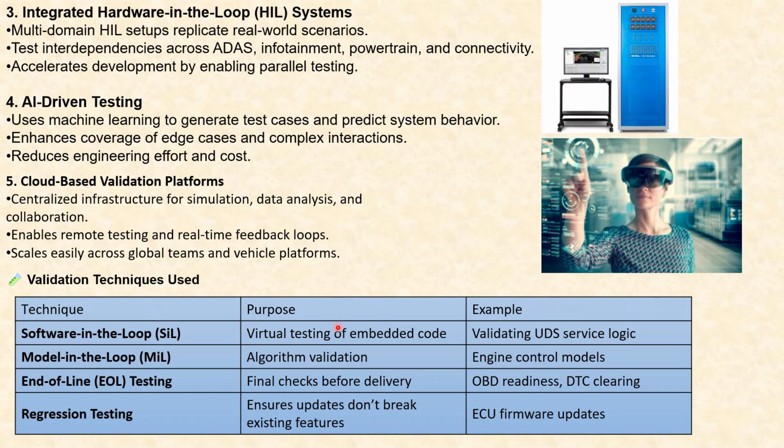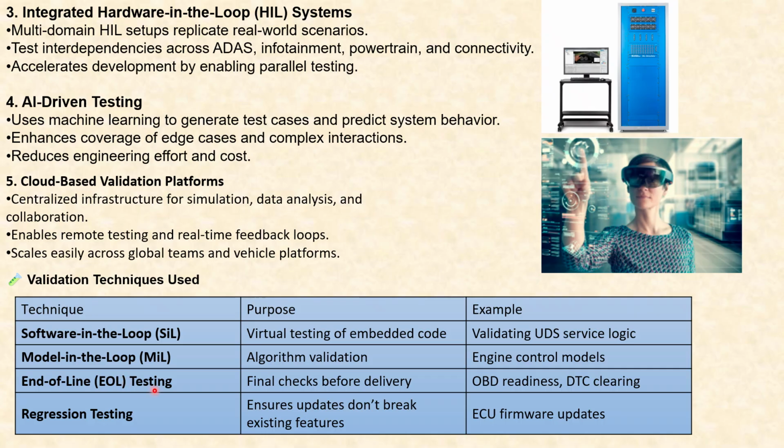Now, in this table, I request all of you to pause the video and look at it very carefully. In this tabular form, I am talking about the technique, the purpose and the example. When it comes to software-in-loop, the purpose is virtual testing of the embedded code, and the example is validating UDS service logic. Next is model-in-loop: the purpose is algorithm validation, and the example is engine control models.